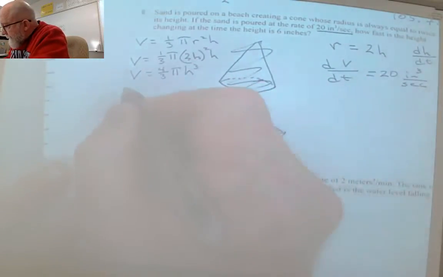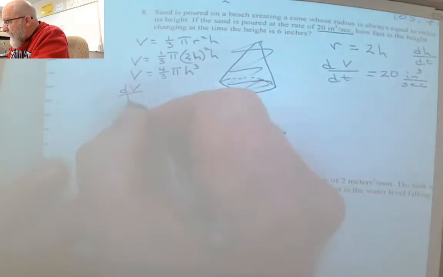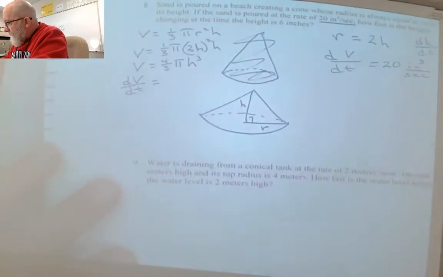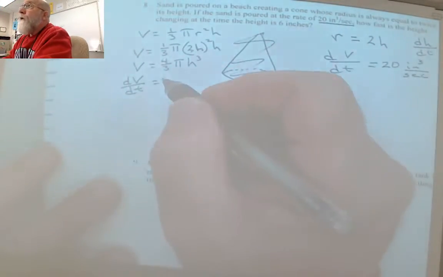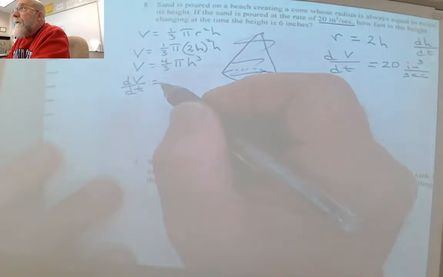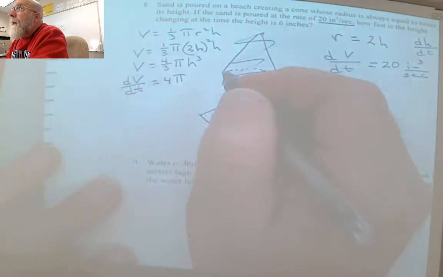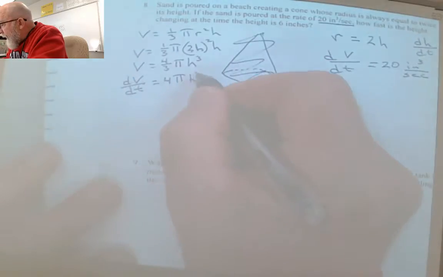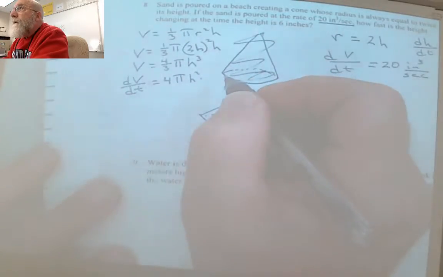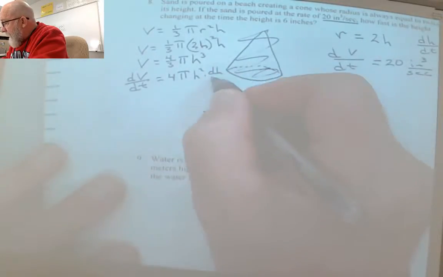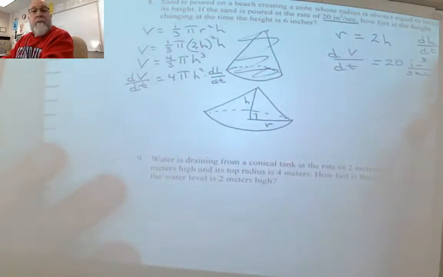Okay, what is it? dV dt, because that's a variable that's changing, right? Equals what? What is 4/3 times 3? 4 pi h squared, perfect, times dh dt. And I'm trying to find dh dt, right? Right here.